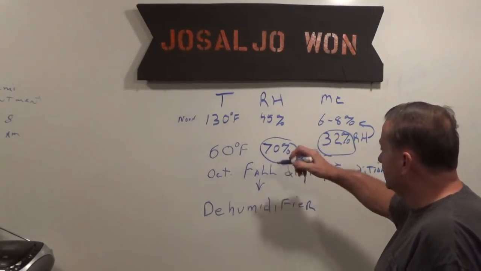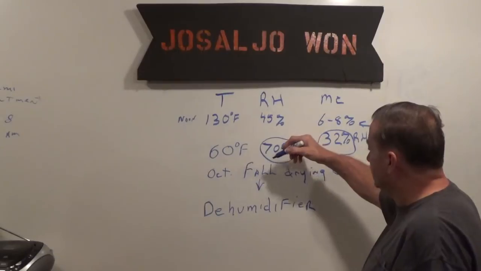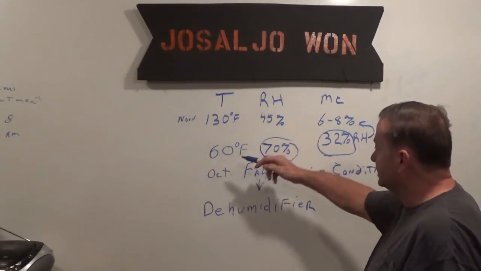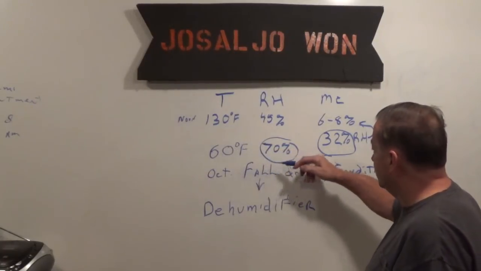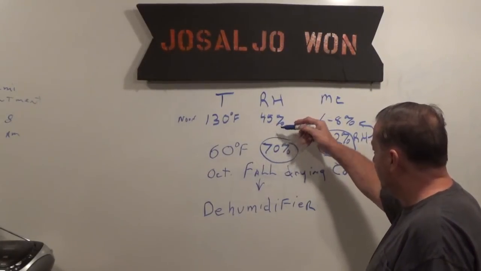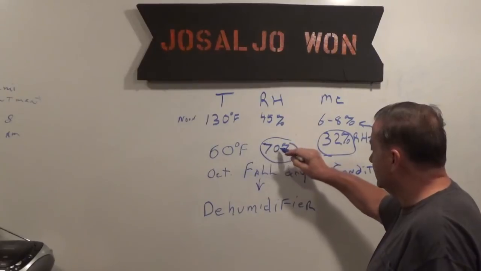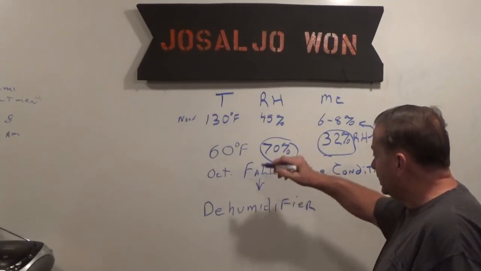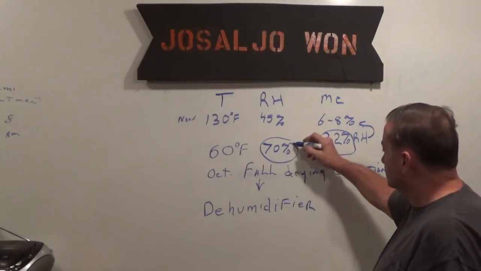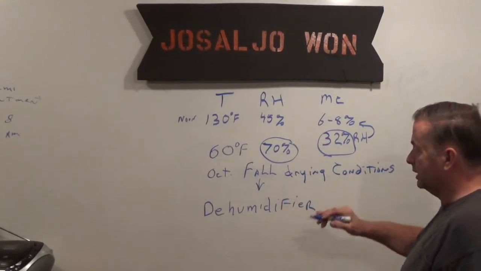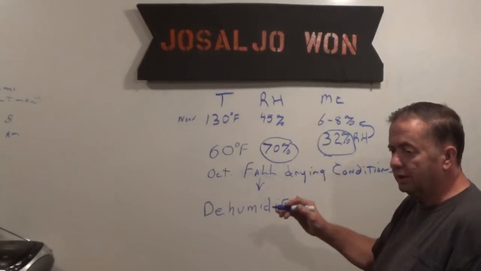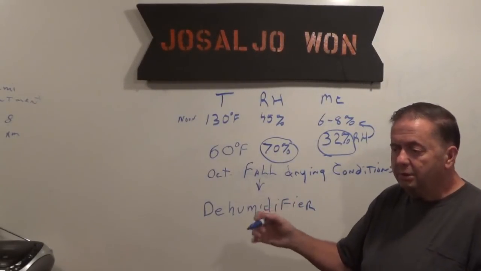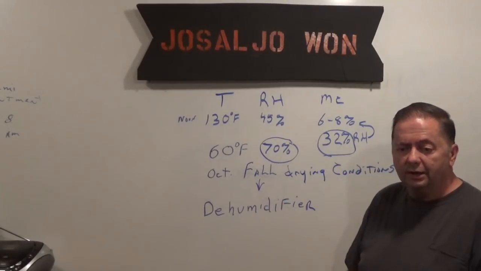What I am saying is if you look at these numbers, there's a little bit of a correlation there. 60 and 60 is 120, 45 and 45 is 90, but I'm looking at 70 here was the actual number. There's probably a way to calculate this more closely, but we're not going to worry about that, because what I want to talk about right now is how to solve the problem of high humidity when you have poor drying conditions.